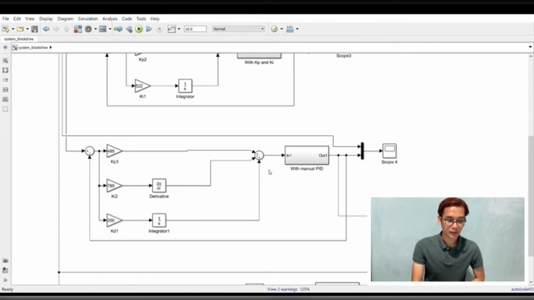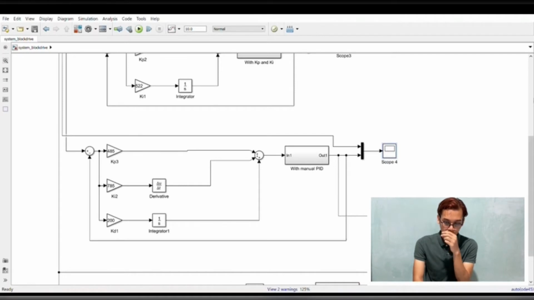And like the previous one, this is the plus summing junction because we need to add these three values into our DC motor, and this one is the plus-minus because this is the feedback loop. And we have chosen our values of KP, KI and KD, because KI is integral and KD is derivative. So we have inserted them, and it goes to our DC motor, and this is our manual PID result.